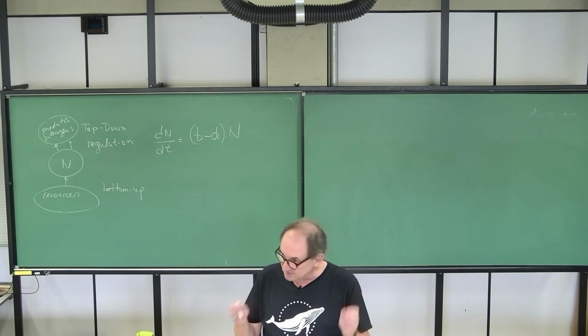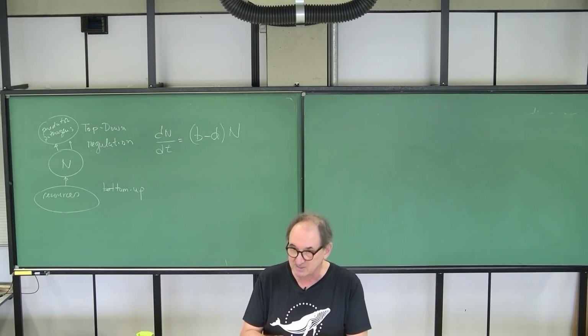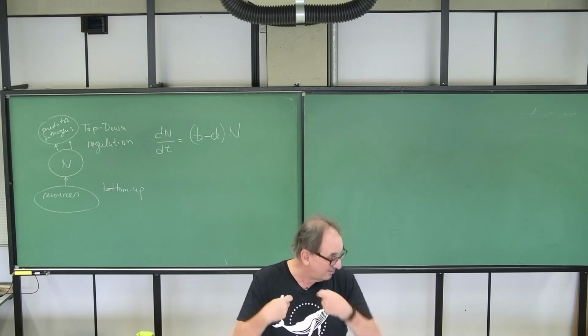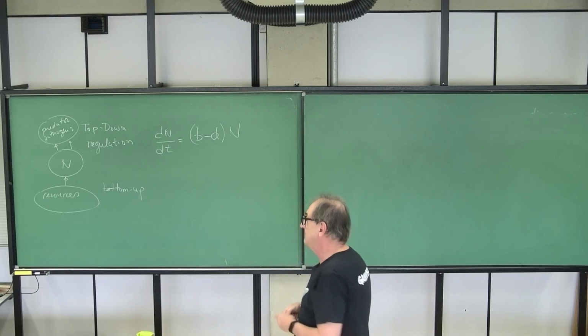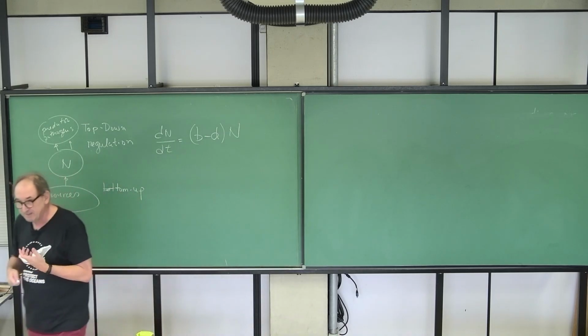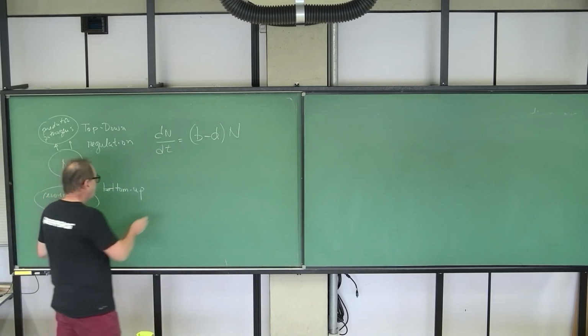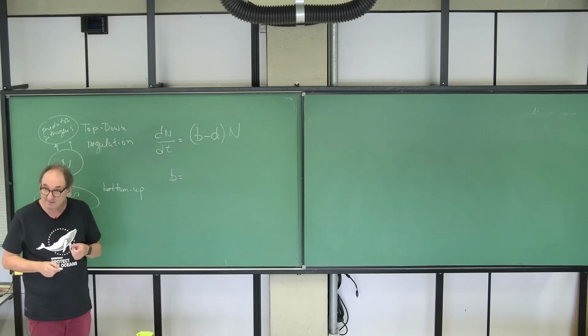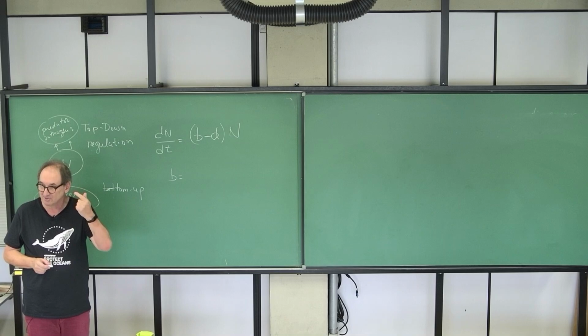Intraspecific is because we are taking the competition not between two species, but between the individuals of the same species. And so there is this intraspecific competition, and this intraspecific competition somehow should make B decrease when N is large.